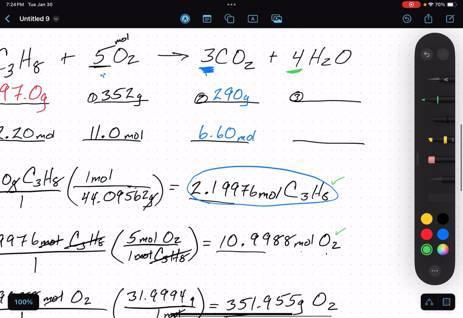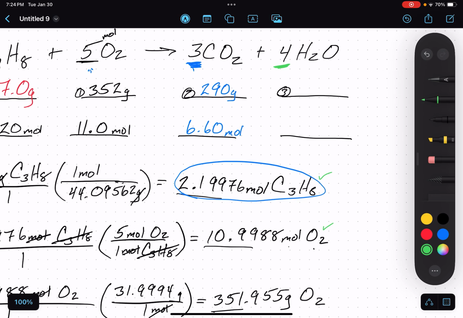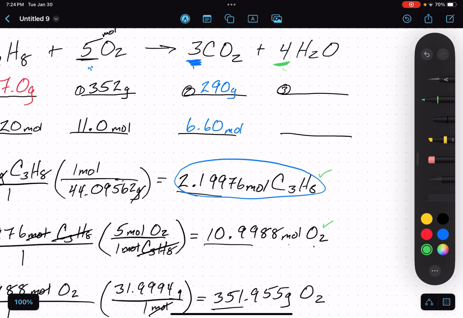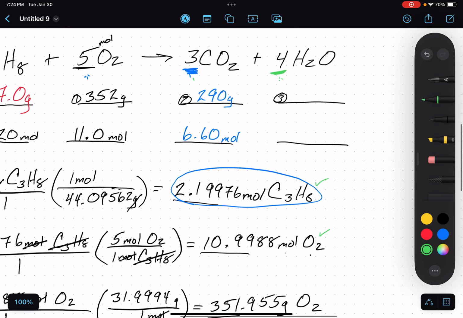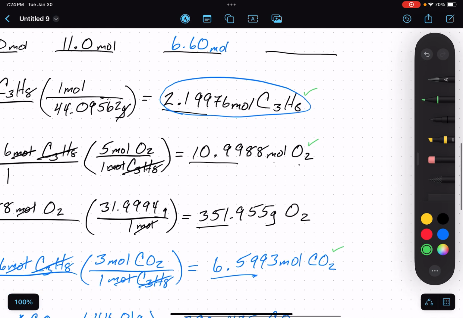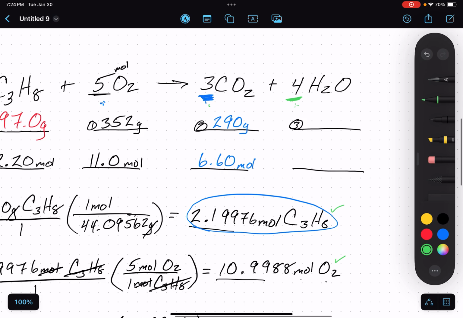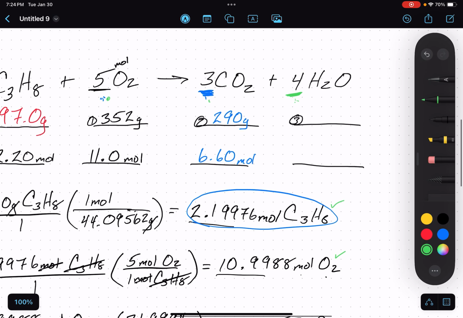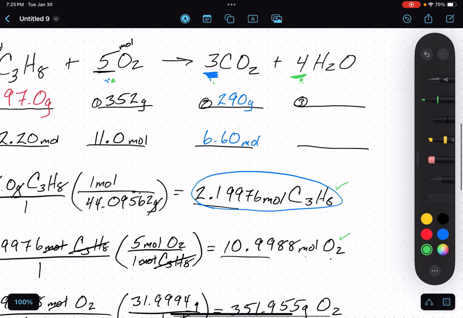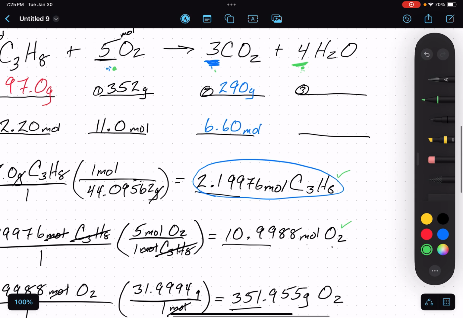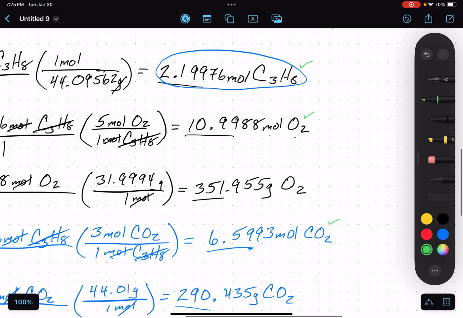And so the only thing is that, if I'm trying to solve for water and I'm using carbon dioxide, I need to use 3 and 4 using the carbon dioxide one here. If I'm using oxygen over here to solve for water, then I'm going to use the 5 and 4 using moles of oxygen right here.